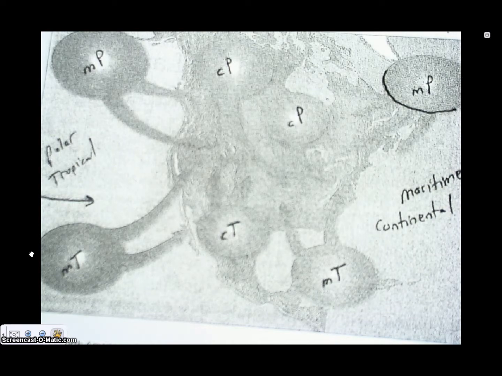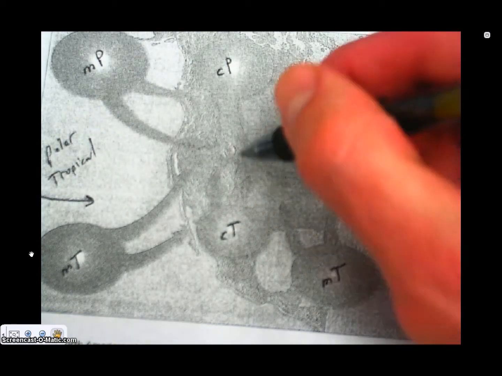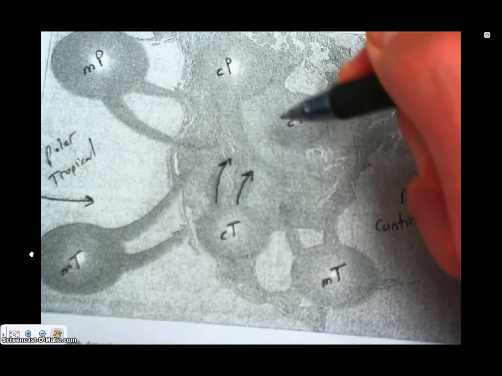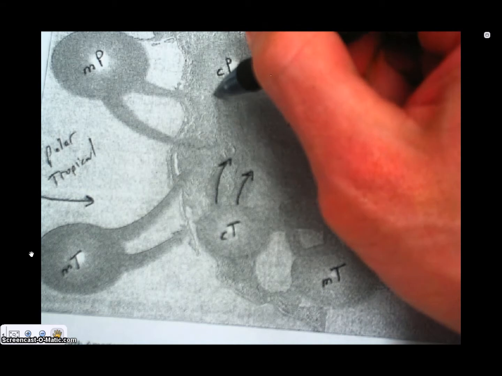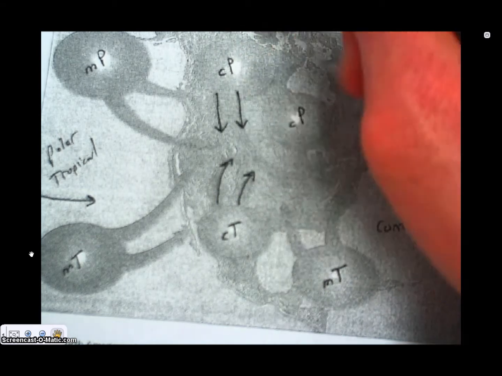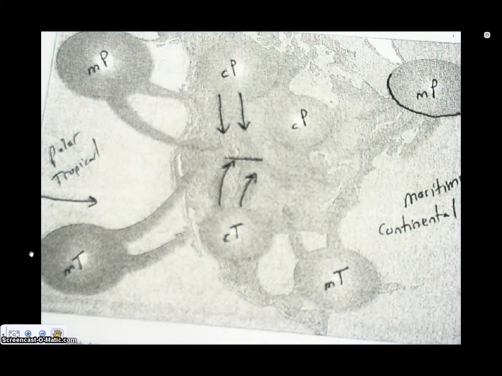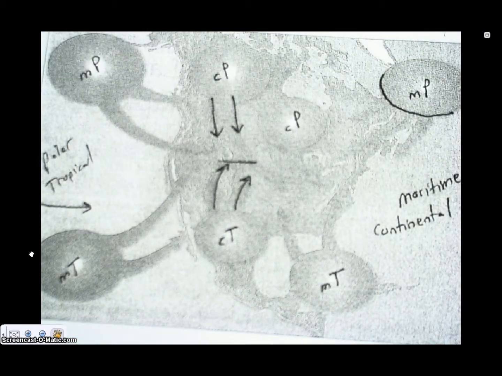And you can see that a lot of these air masses run into each other. The arrows are hard to see here, but this one right here, this continental tropical air mass, meets this continental polar air mass, and it meets right in the middle of the United States. And if you've been around for a while, you know that the middle of the United States is well known for its tornadoes.